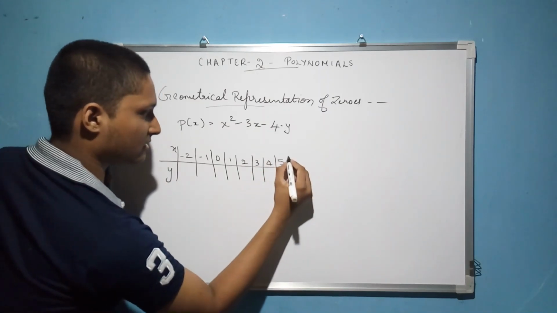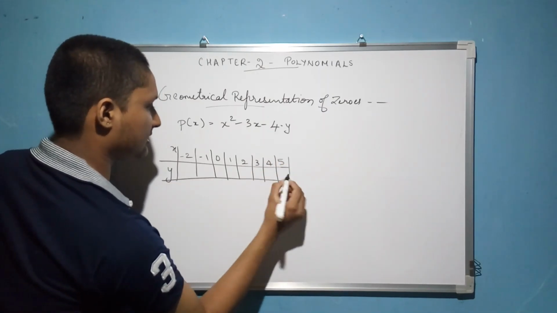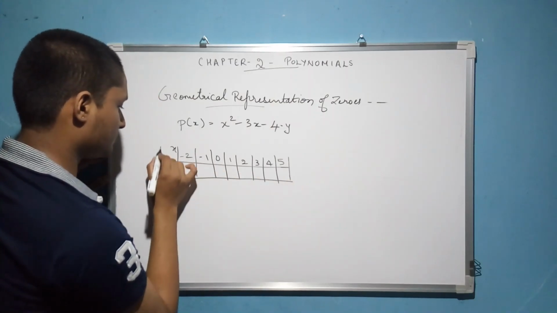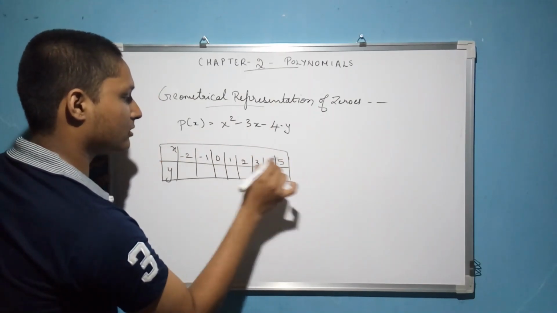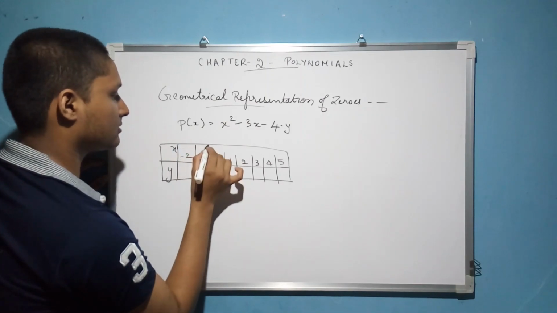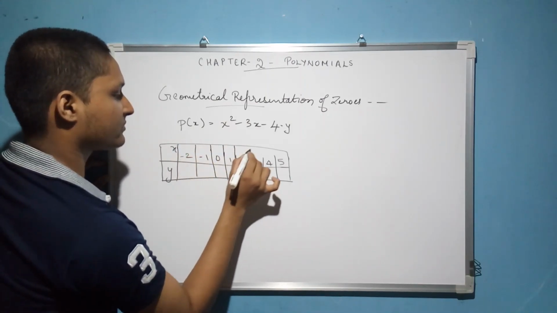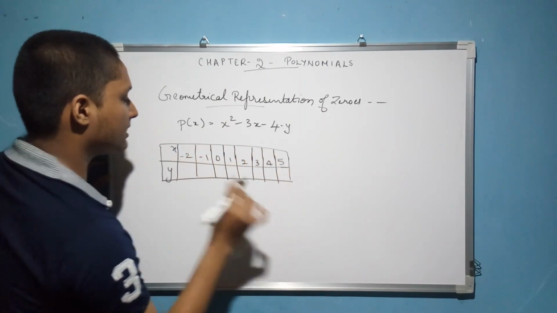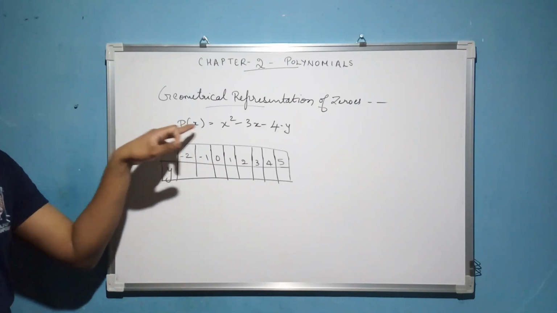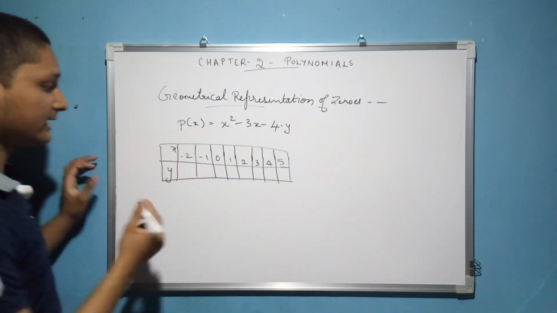Okay, enough. This many are enough to plot the graph because I want only the ones that are coming near 0. Now we go on substituting the value of x in place of x in the whole term.